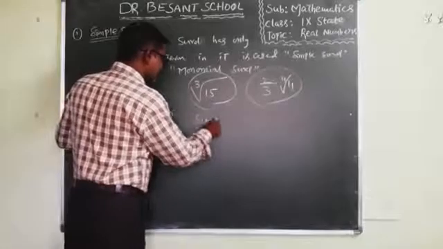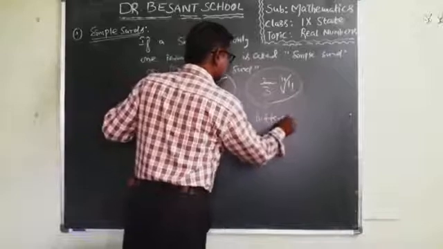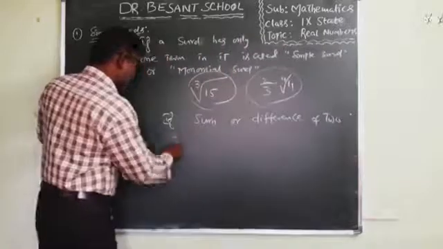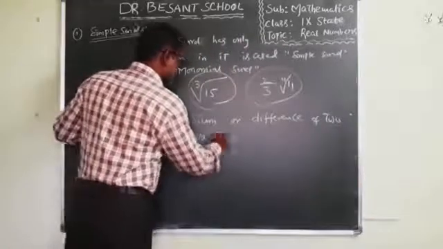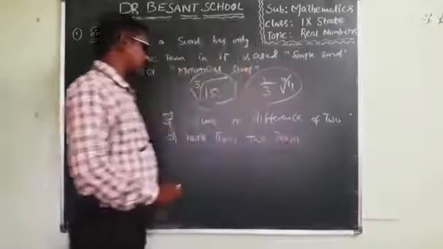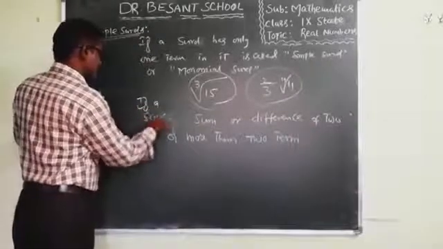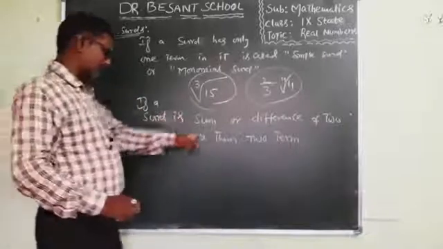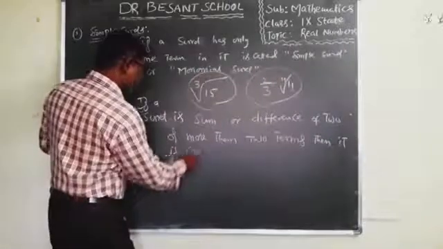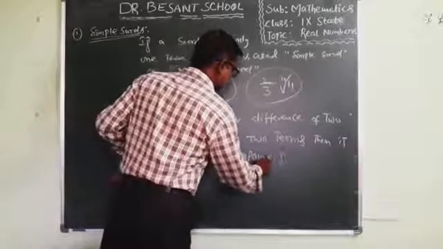If a surd is a sum or difference of two or more than two terms, then it is called a compound surd.